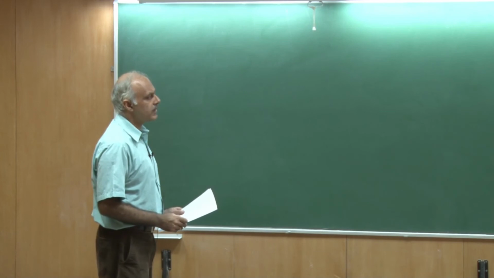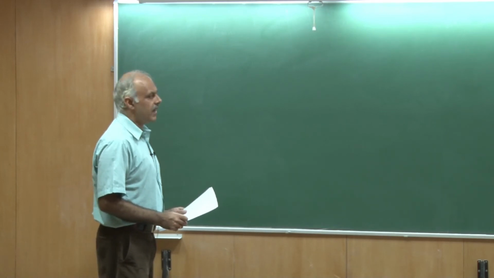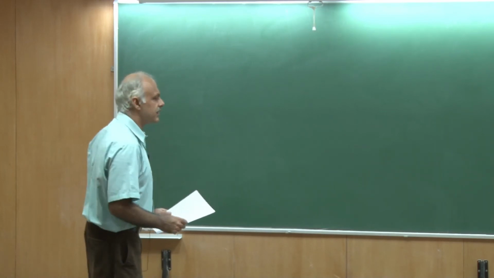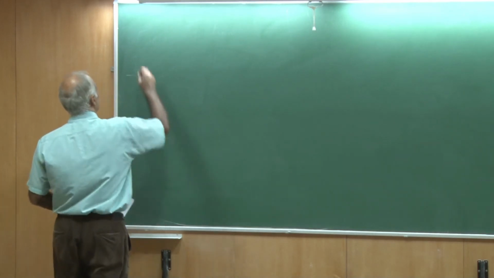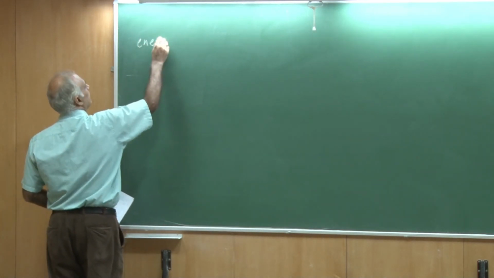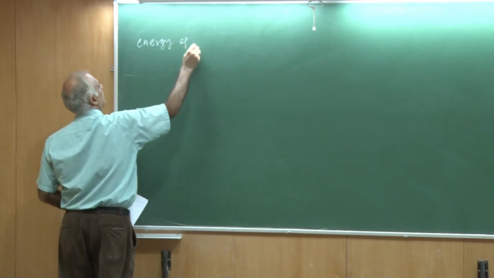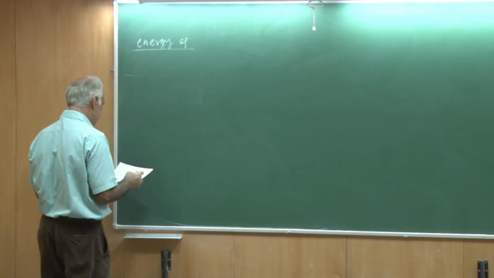All right. So now we are going to apply the energy equation between port 1 and port 2. Port 1 is the inlet port and port 2 is the exit port for the control volume. So let us first write down the energy equation, and I have already given this to you.